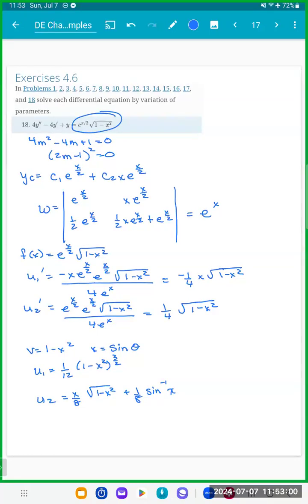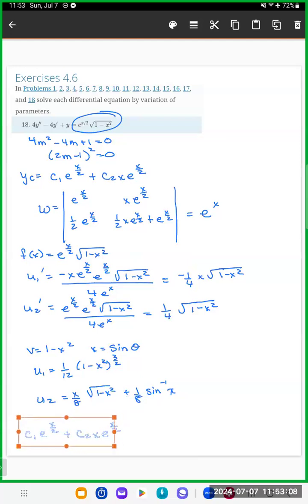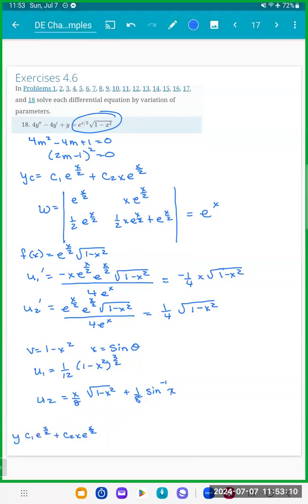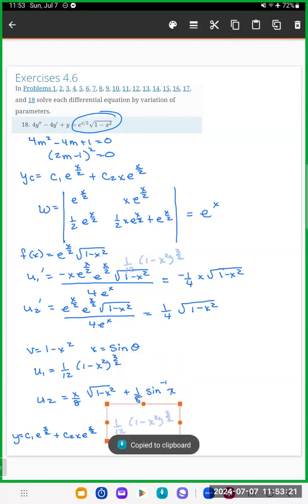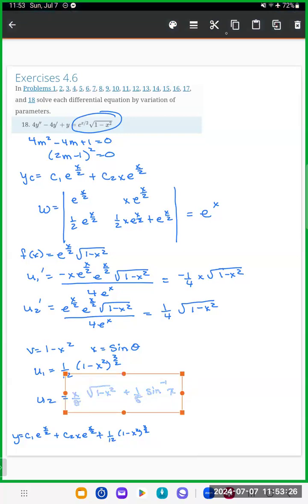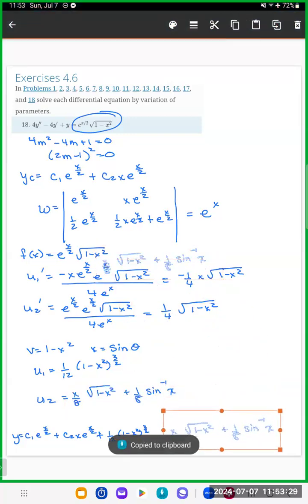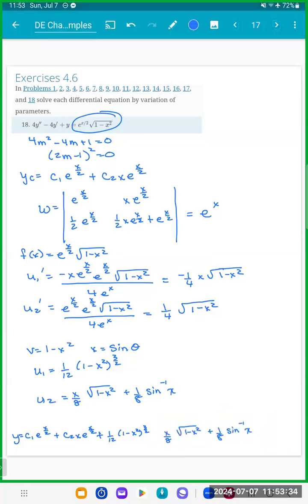And so it gives us our general equation, taking our complementary. So our y equation is our complementary plus our u1 and u2, for our general equation.